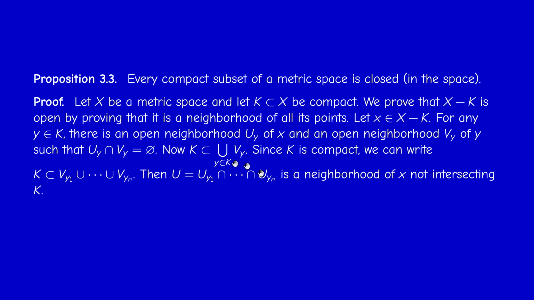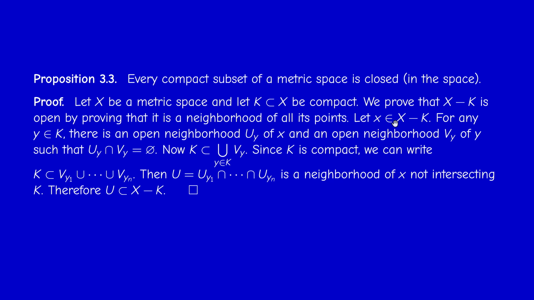So when I take the whole intersection of these, this is a finite intersection of open neighborhoods of X, and therefore it's an open set, so it's still a neighborhood of X. So this neighborhood of X does not intersect K, because it does not intersect Vy1, since it's contained in Uy1. It does not intersect Vy2, because it's contained in Uy2. So U does not intersect this union. So it does not intersect K, and therefore it's contained in the complement of K.